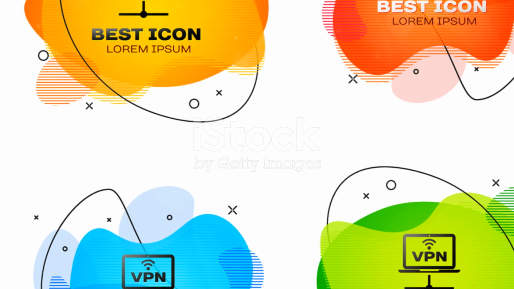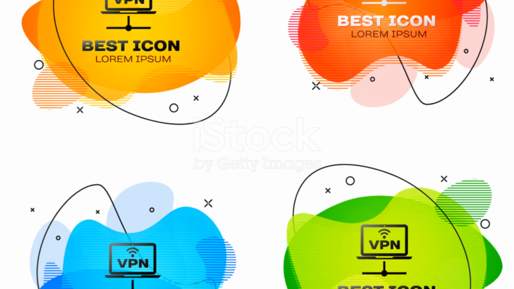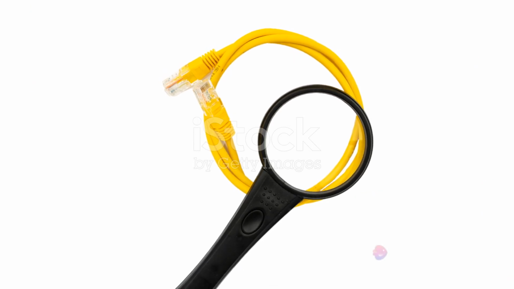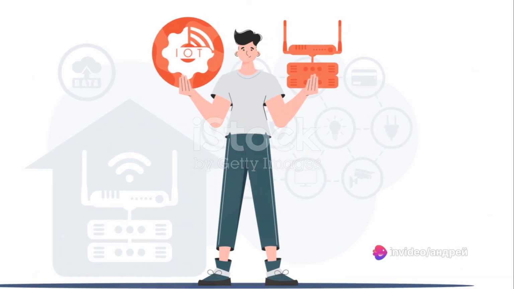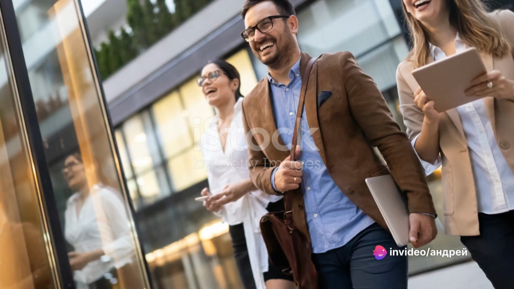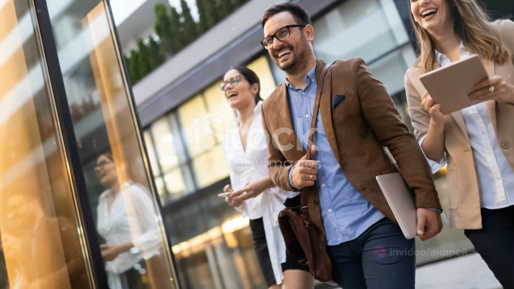This ensures that data packets are delivered to the right place. So, in simple terms, the internet is like a massive digital spiderweb, connecting devices and allowing them to communicate. Whether we're sending an email, streaming a movie, or browsing the web, we're all part of this intricate dance of data that makes the internet such a remarkable feat of technology.